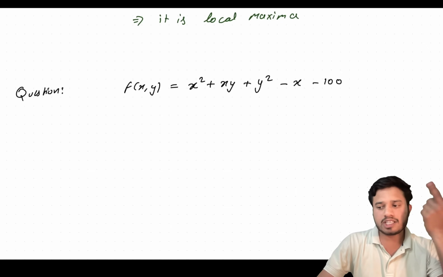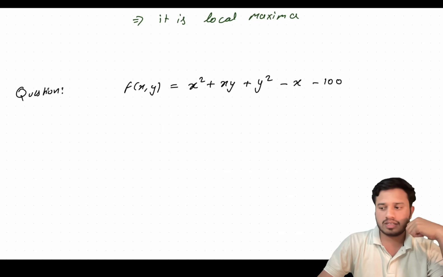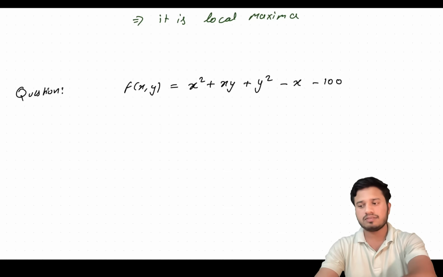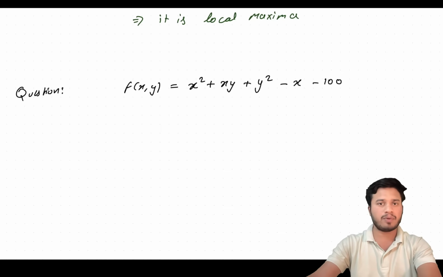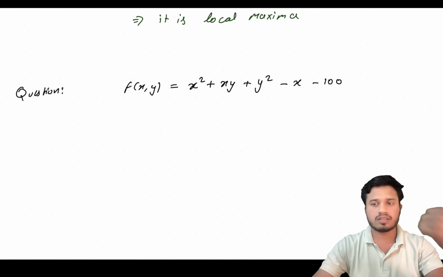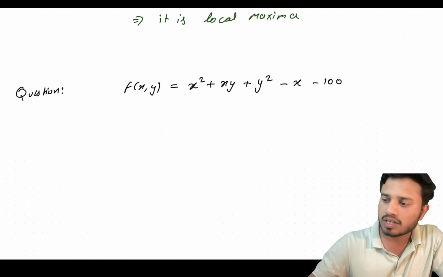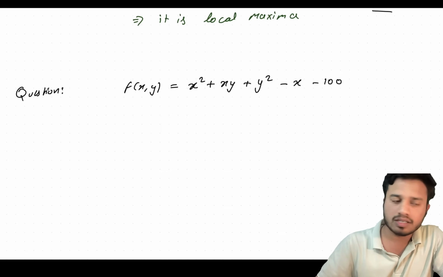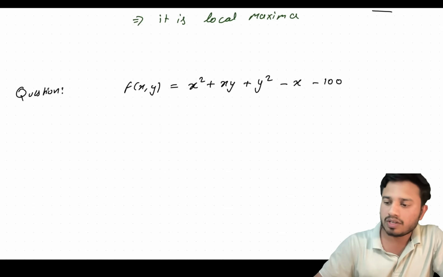It lives in a 3D space and may look like a mountain or something, and we have to find whether there is a minima point or a local minima point. First step: what was the first step? You have to find the critical points.